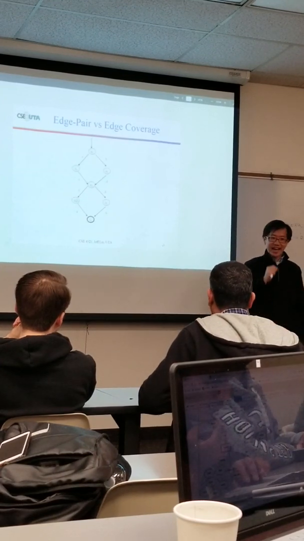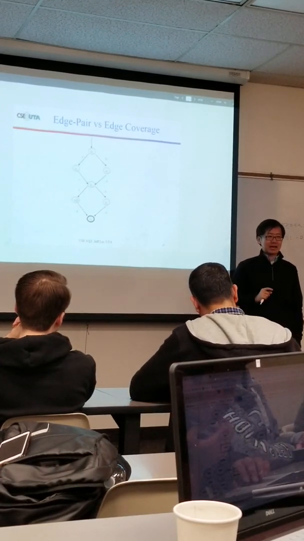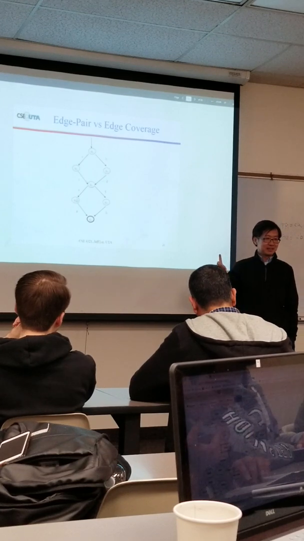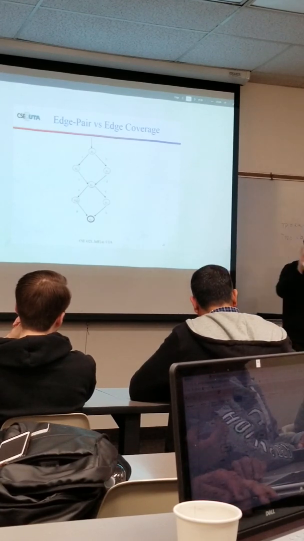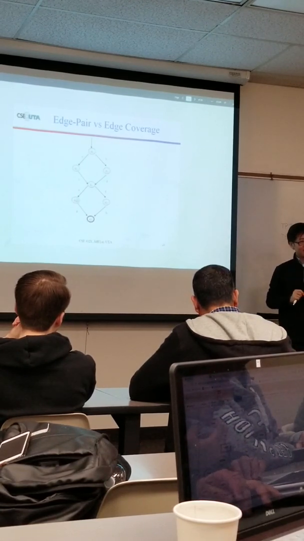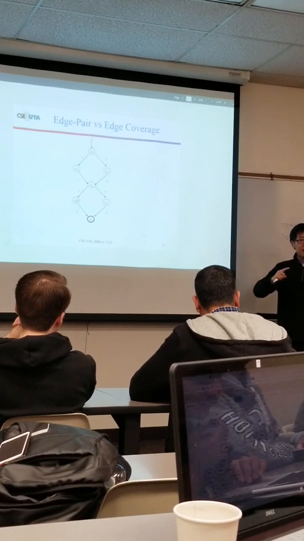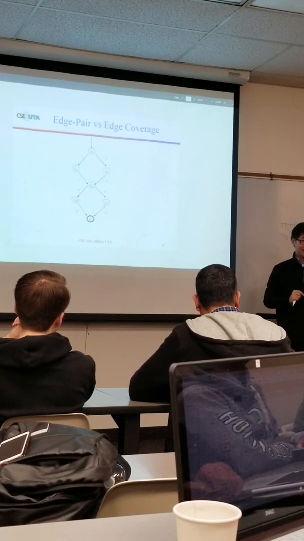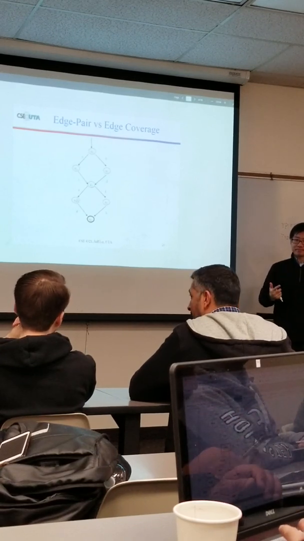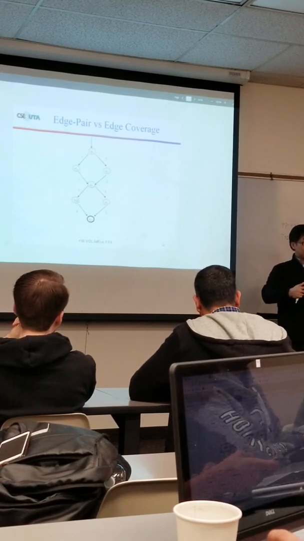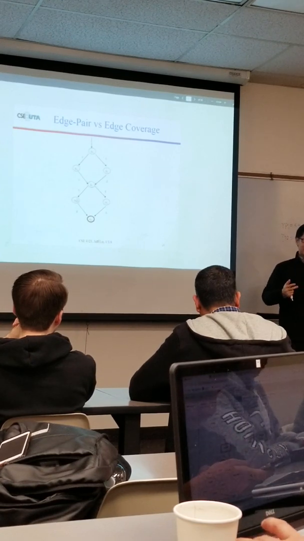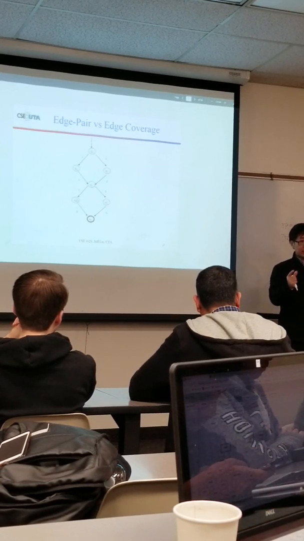You could detect more bugs, but to achieve that, you have to have more test cases. You have to spend more resources. So when you do testing, from a certain perspective, it's a trade-off, it's a balance.